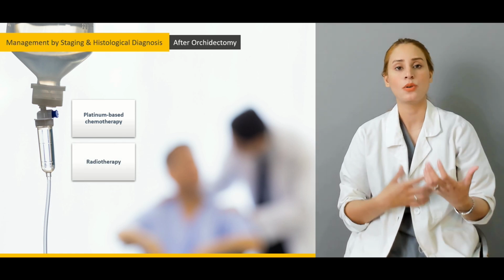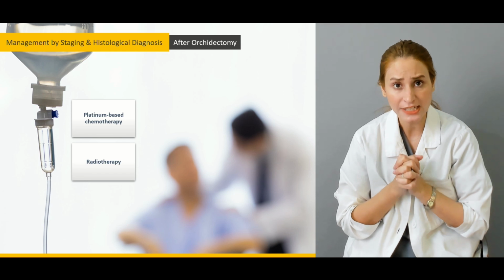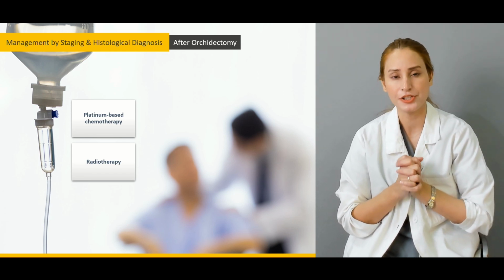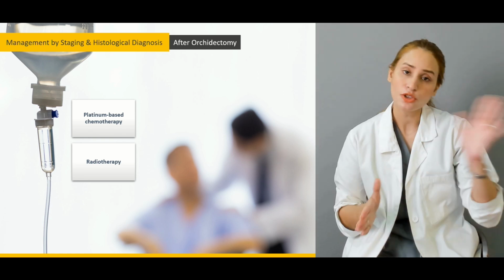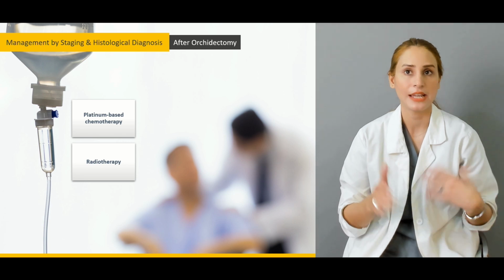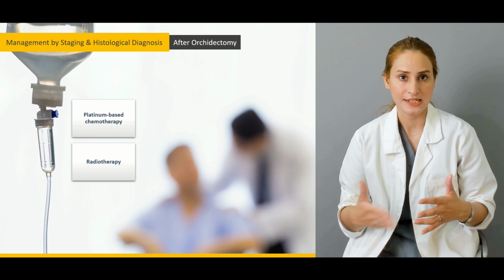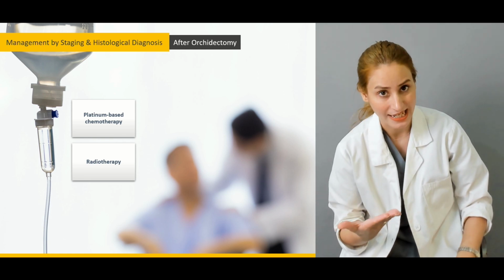That is also a very important strategy for testicular tumors, particularly those tumors which are invasive. So if we talk about stage 1 tumors, in which the tumor is involving the testes and epididymis, you can just go for the orchidectomy.